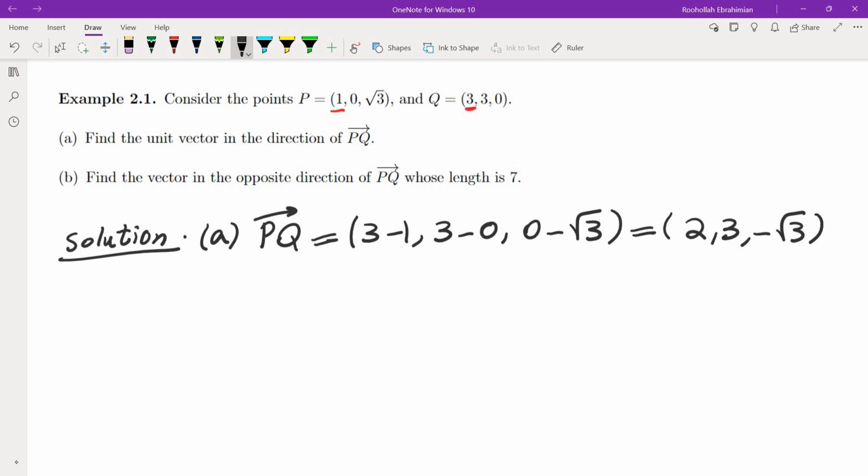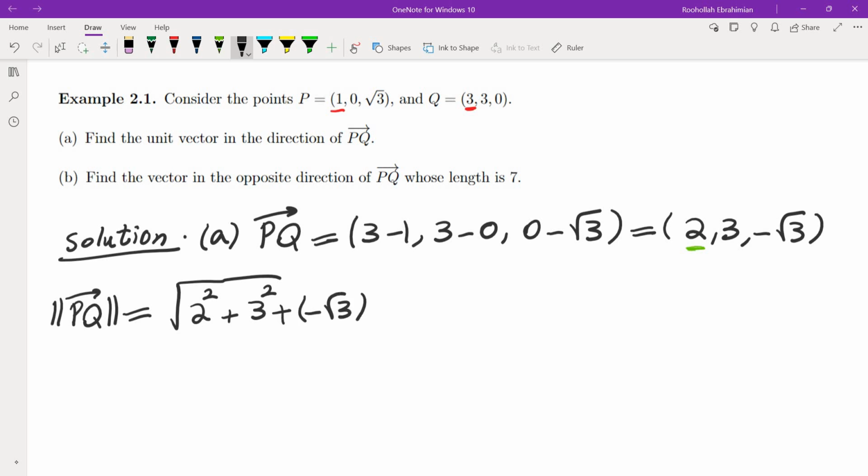So the next thing we're going to do is find the magnitude of this vector. The magnitude of PQ would be the square root of, by the formula that we just talked about, 2 squared, so this coordinate squared, plus 3 squared, and then plus negative root 3 squared. So let's evaluate this. This is going to be the square root of 4 plus 9 plus 3.